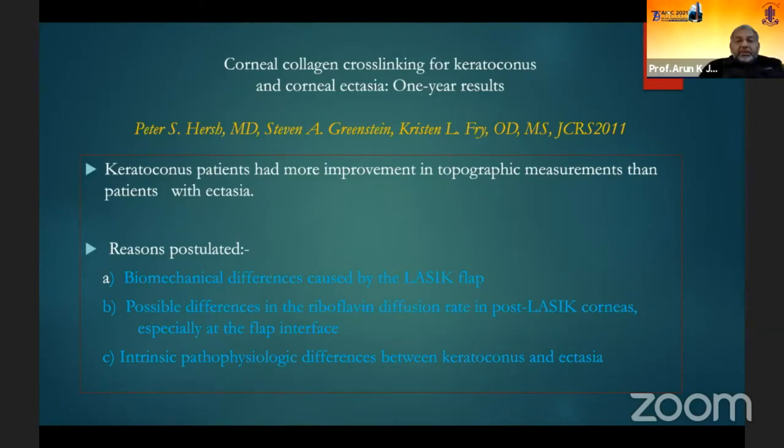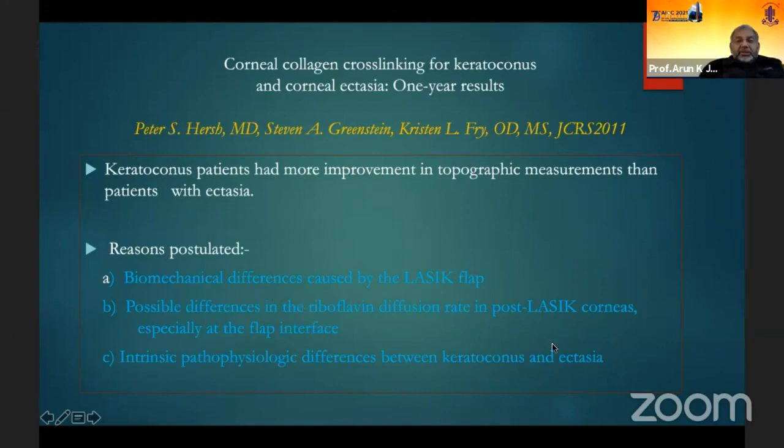Okay, and then this study by Peter Hirsch et al. showed that keratoconus patients showed more improvement in topographic measures as compared to eyes with post-LASIK ectasia. The reason they postulated was the biomechanical difference caused by the LASIK flap, because the LASIK flap doesn't add to the biomechanical strength of the cornea, and the possible difference in the riboflavin diffusion rate in the post-LASIK cornea, especially in the interface, may make a difference.